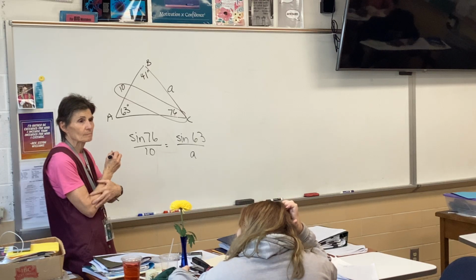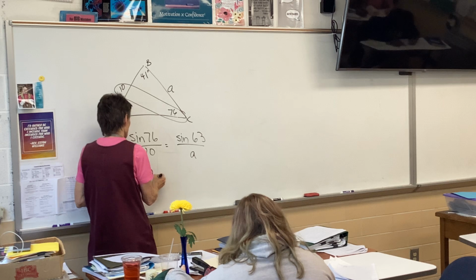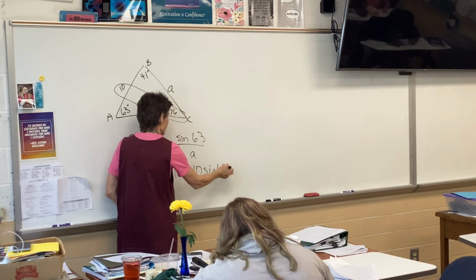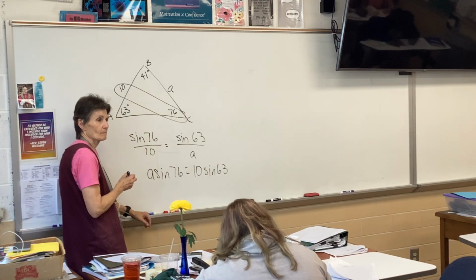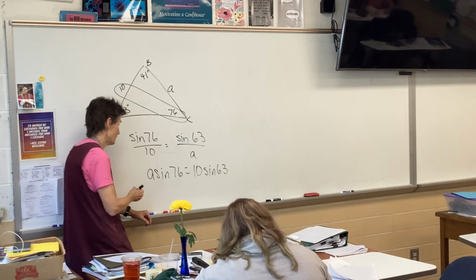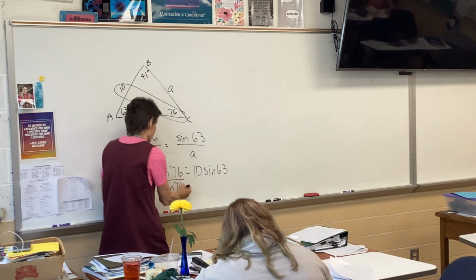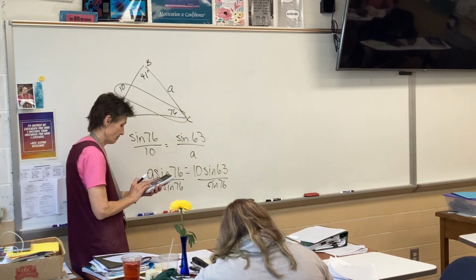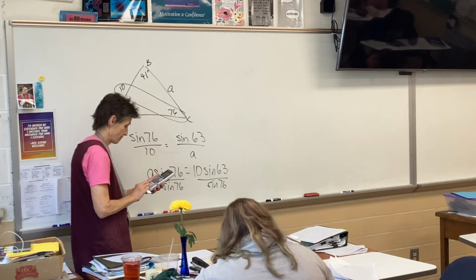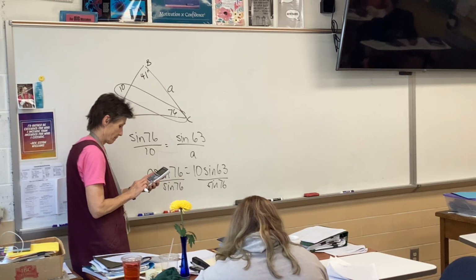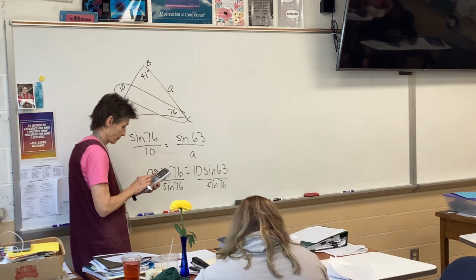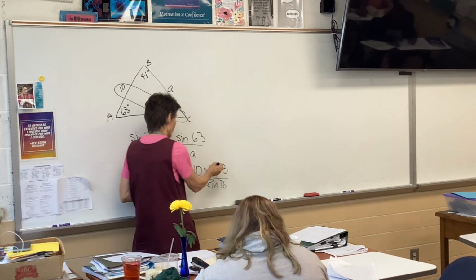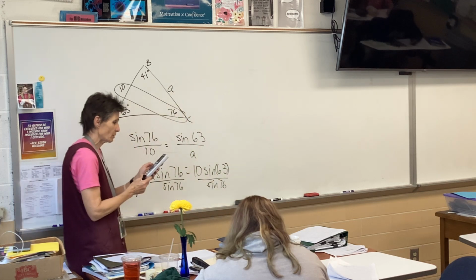Now what? Cross multiply. So A sine 76 equals 10 sine 63. And then divide by sine 76. And then I can go to my calculator. And if you're gonna type that all in at once, which is how I do it, make sure you close the parentheses after the 63.